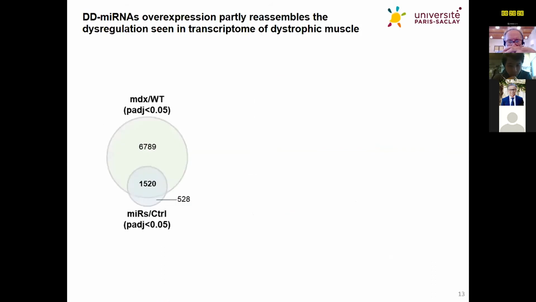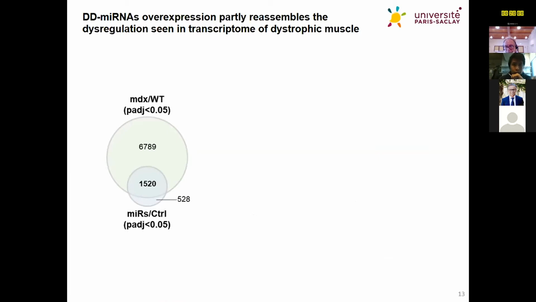So here we have two conditions where we have the overexpression of the DD-miRNA. First, in the dystrophic muscle, where we have the upregulation of the DD-miRNA, and another condition where we artificially overexpress the microRNA in the muscle. And we want to compare between the two.